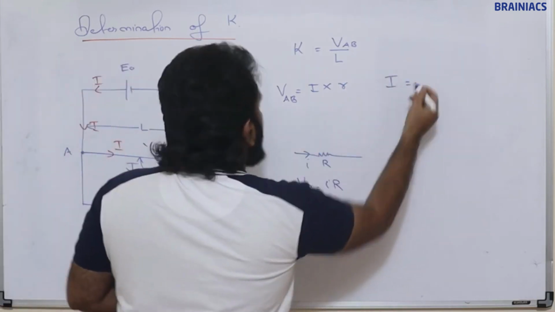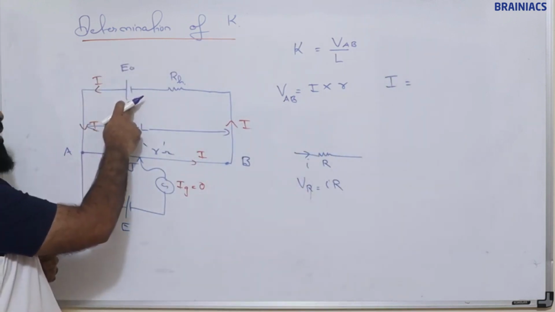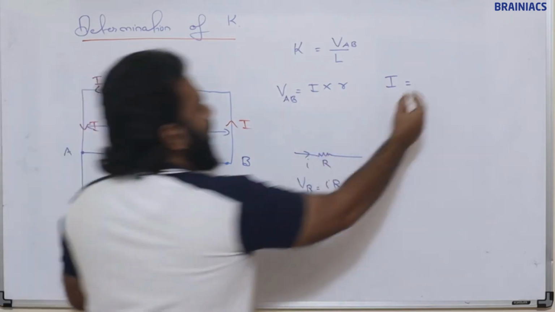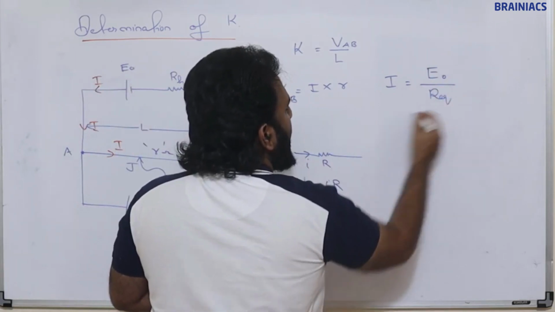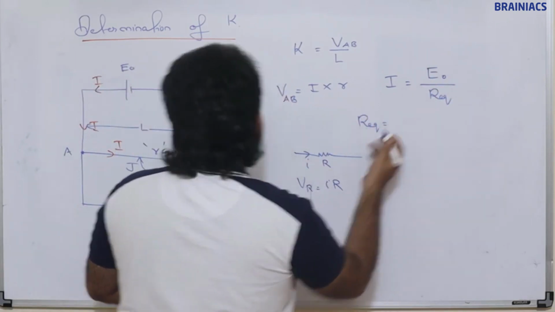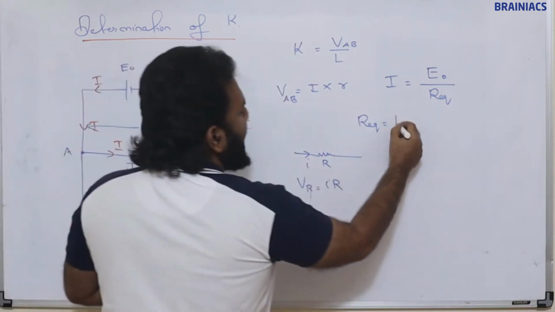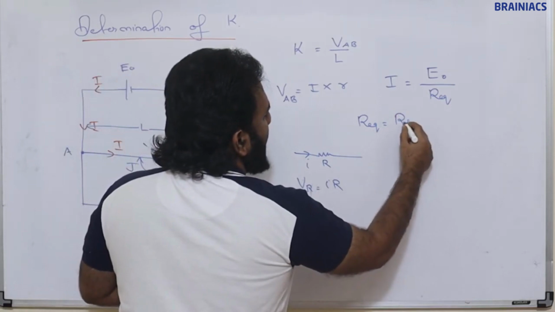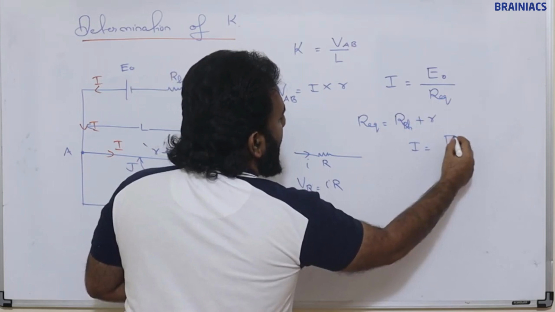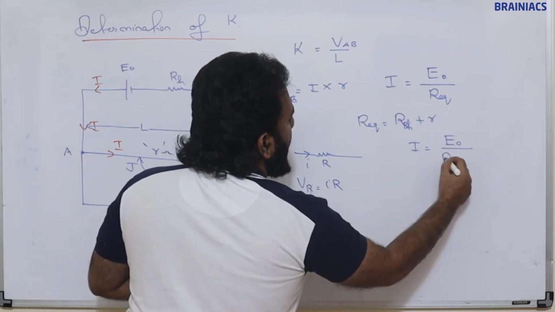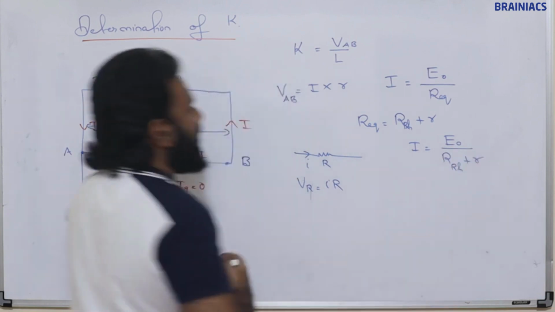I is equal to the EMF divided by the equivalent resistance, E naught divided by R equivalent. So what is R equivalent? How many resistances are there? Rheostat resistance is there, this wire resistance is there. So rheostat resistance plus small r. So I is going to be E naught divided by rheostat resistance plus this small r.